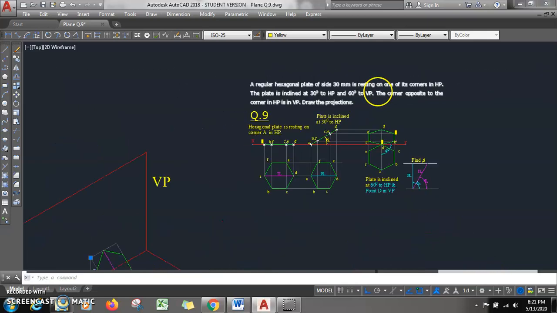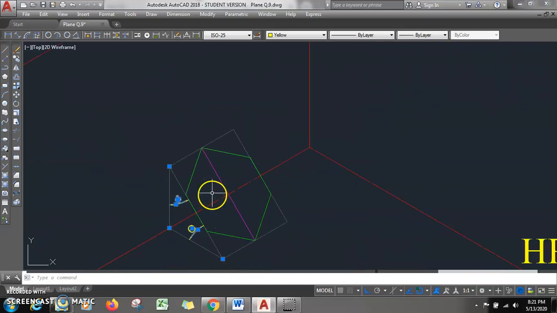Phi is equal to 60 degrees. So in the third step, we need to rotate the object by 90 degrees.